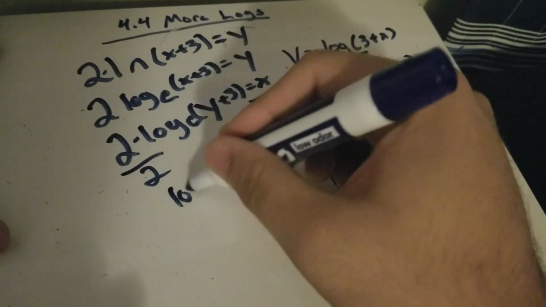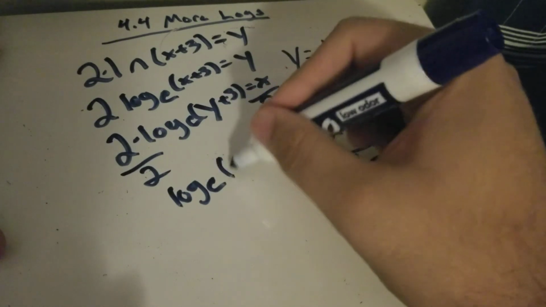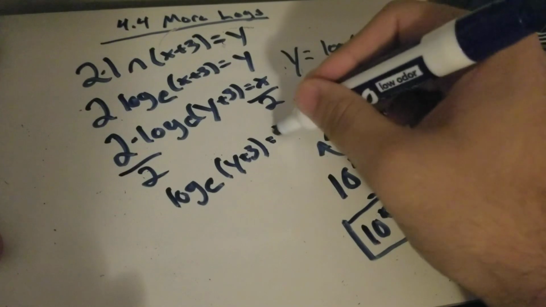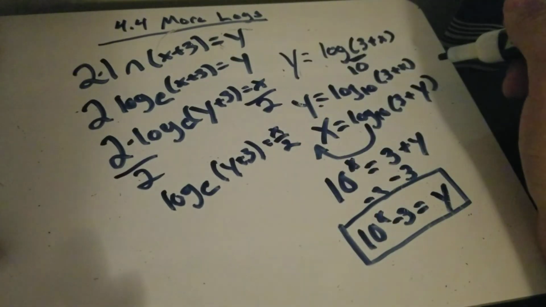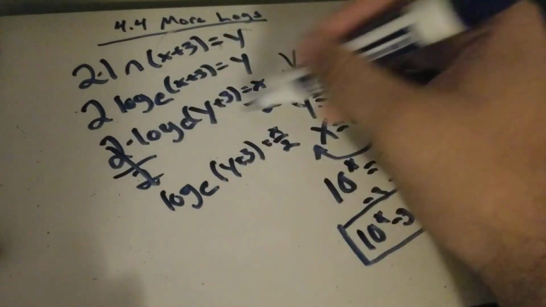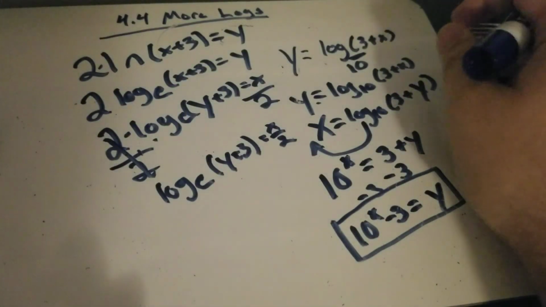So now I have log base e, y plus 3 equal x divided by 2. Why did I divide? Because I'm multiplying 2 in log, so the opposite of multiplication is division.